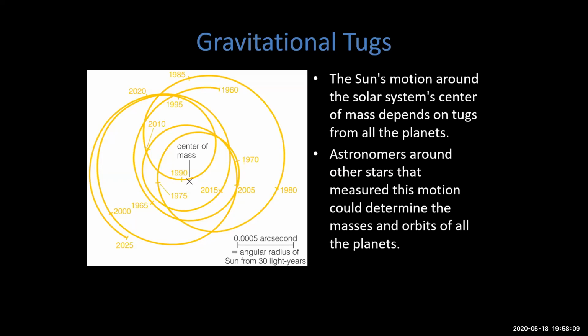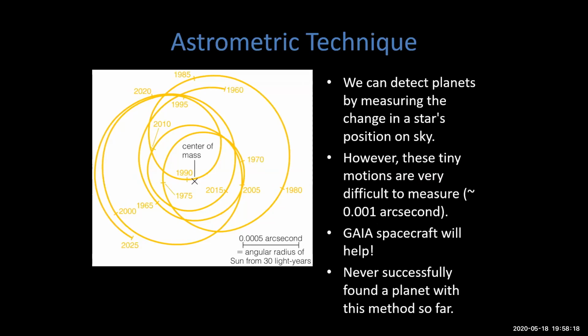And so that's why gravitational tugs, a method I believe is called astrometry, has only worked, I think, once so far. As of now, one time this has worked that I'm aware of.